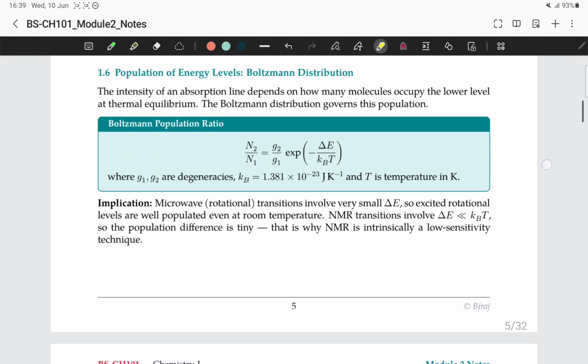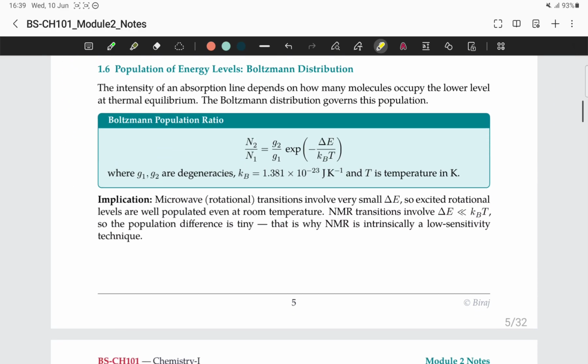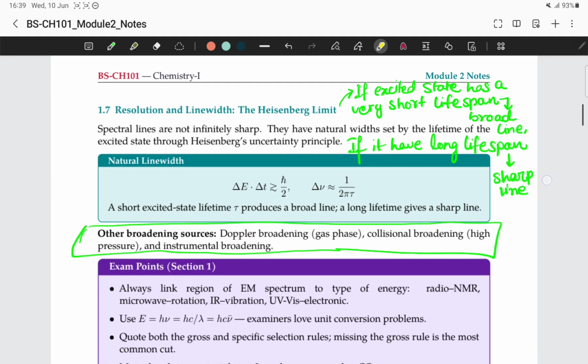Then we learned about the population of energy levels and the Boltzmann distribution, and just remember this very important formula. Then we went through resolution and line width, and the Heisenberg limit as well.